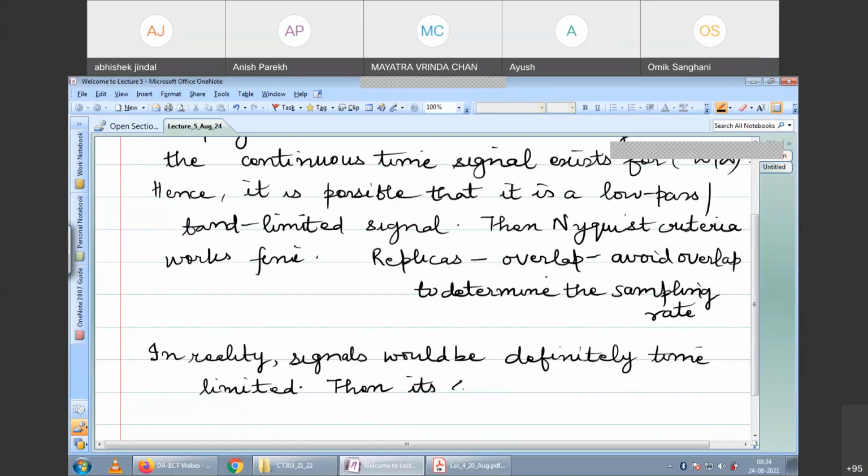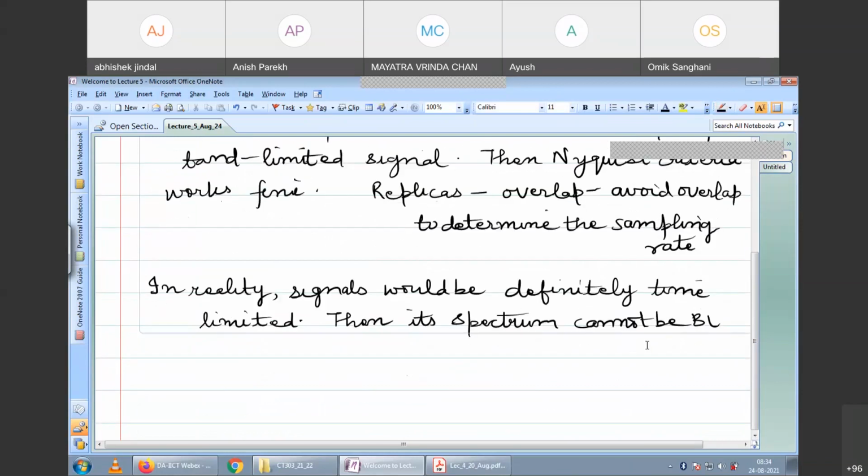Now if that is the case, its spectrum cannot be band limited. This we have seen in our last lecture.